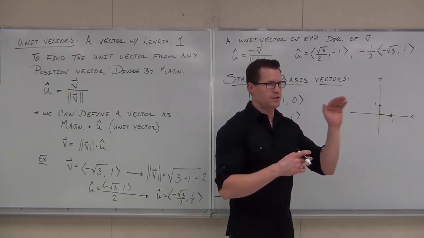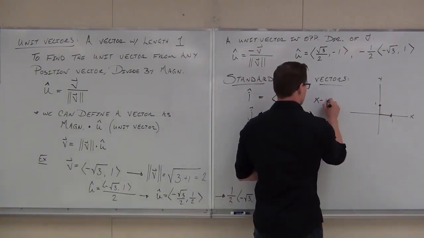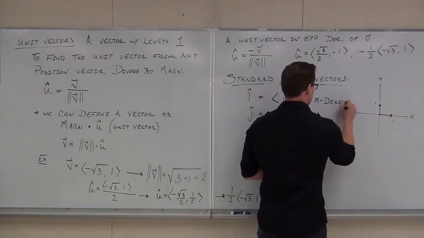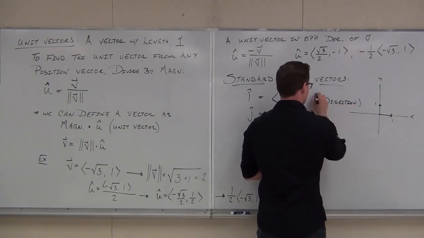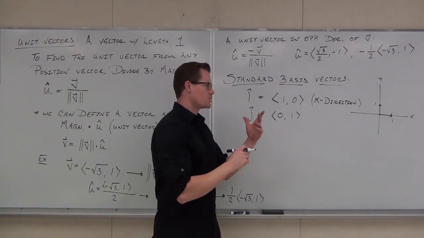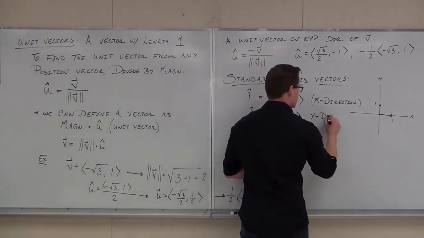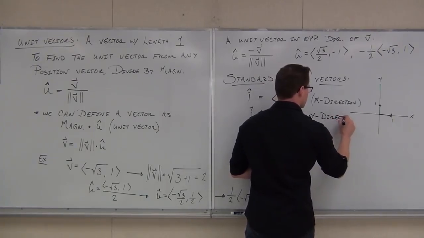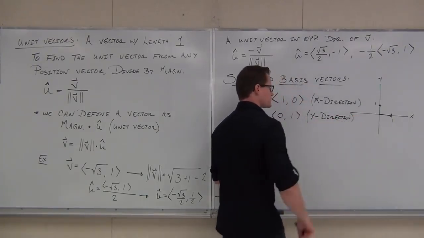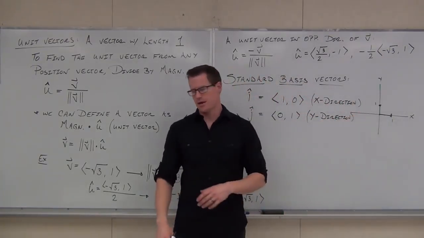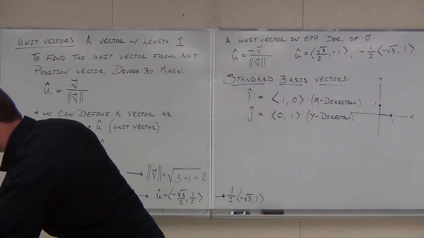It's a unit vector. When you think j, it's obviously a unit vector. Think y direction. And they look just like that. They're position vectors.